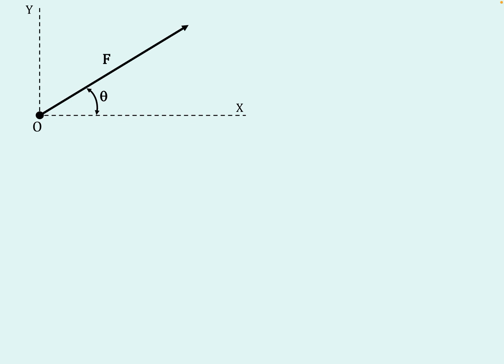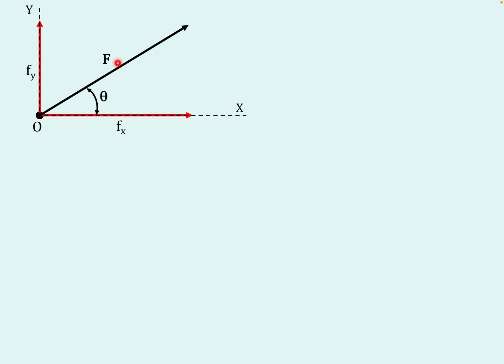The direction of the given force F with the x direction should be known. If the magnitude and direction of the given force are known, I can resolve it into two component forces, one along the x direction and the other along the y direction. I call this force Fx, and the other force in the y direction Fy.